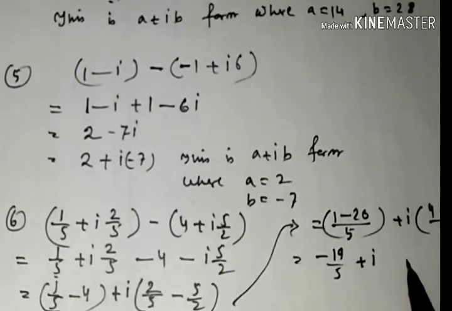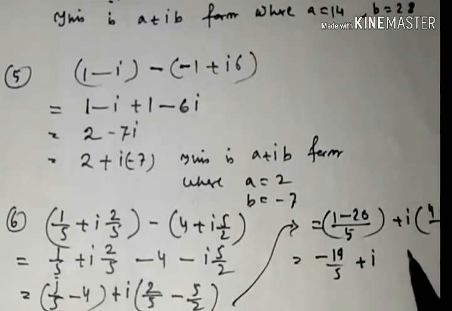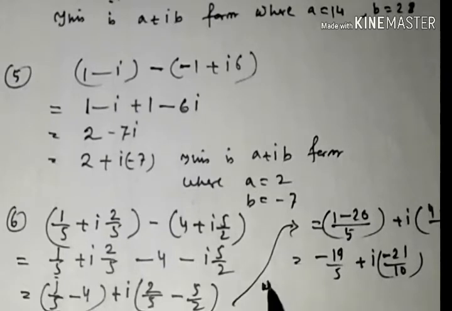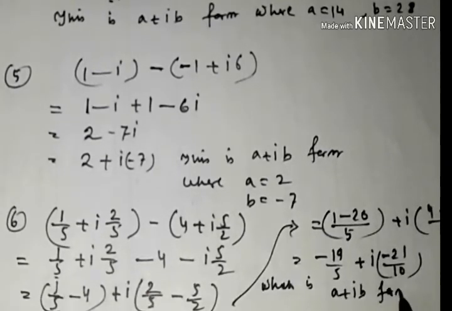That is minus 21 by 10, which is A plus iB form.